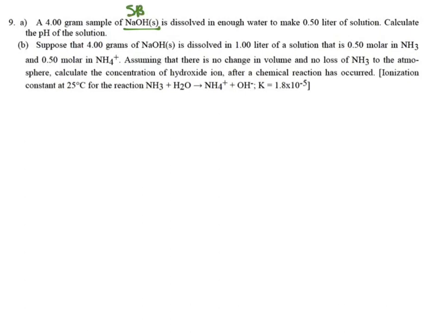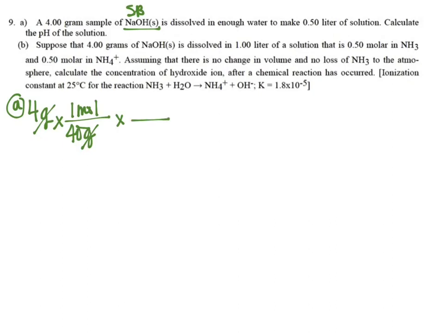We need to first find moles. So we're in a strong base situation. So we have 4 grams. Molar mass of sodium hydroxide is 40 grams in 1 mole. I am in moles right now. I need to get to molarity.